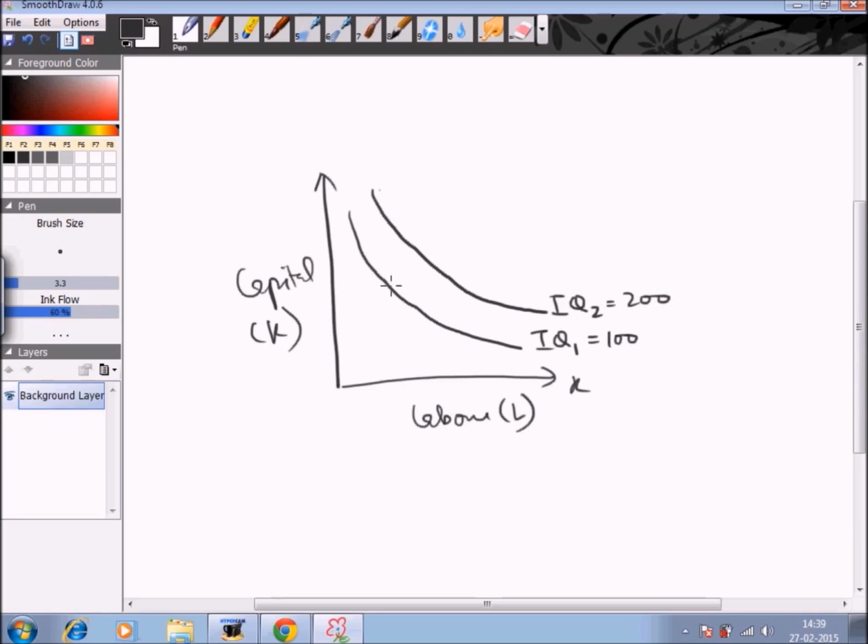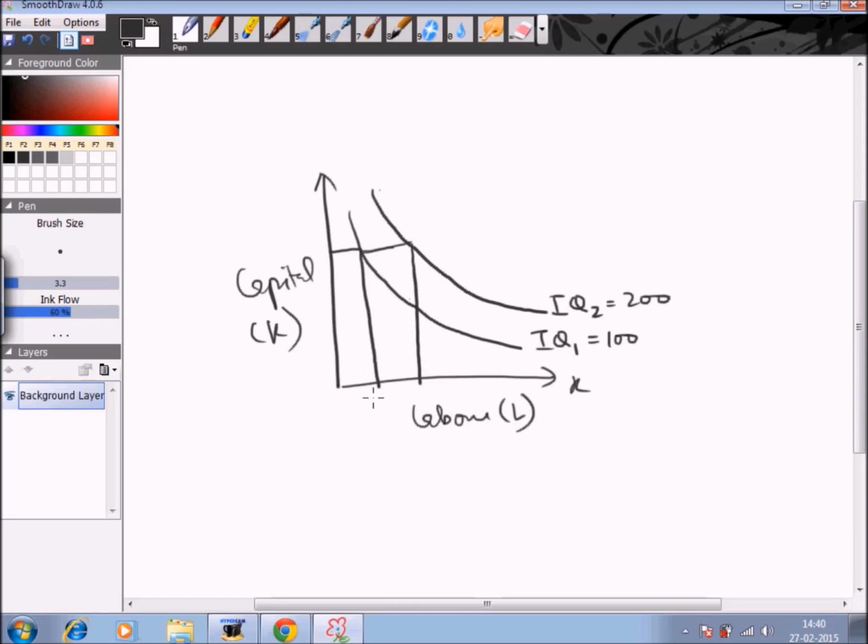So the upper isoquant curve will always show higher units of output produced and the lower isoquant curve will always show lower units of output produced, because in this particular curve, IQ1, the units of capital used is the same at this particular point, but the units of labor used is less as compared to the units of labor used in IQ2.